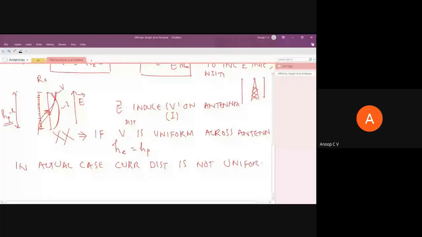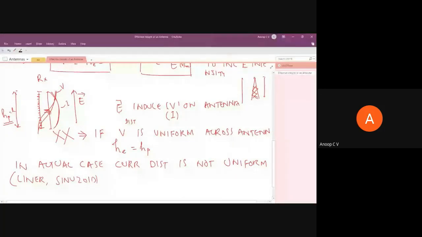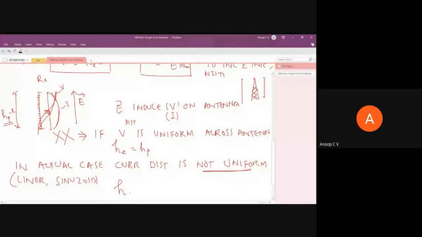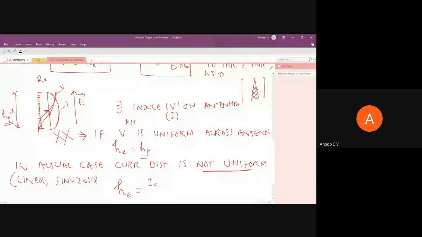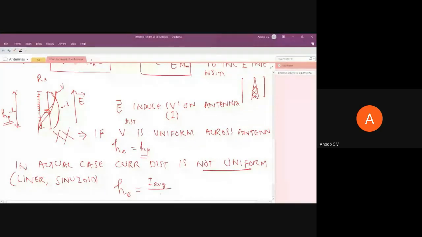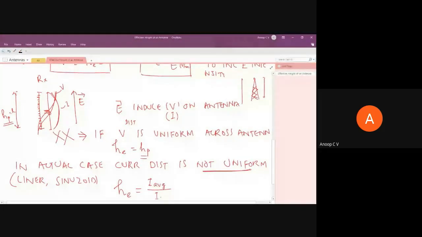It can be a linear distribution or it can be sinusoidal, depending upon the length. It can be linear or sinusoidal or whatever, which means it's not uniform. In most cases, it's not uniform. Then the effective height is related to the physical height as I average divided by I naught times the physical height.